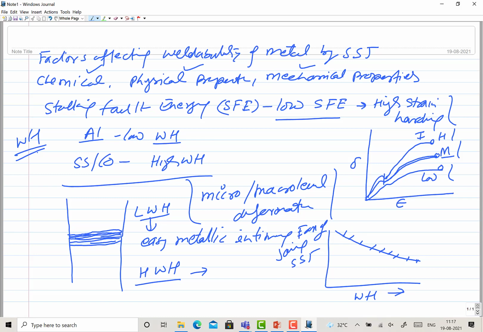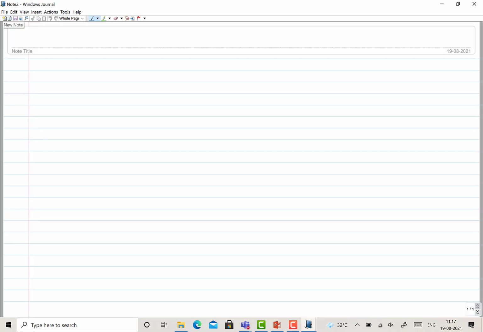It is preferred that the metal has a low work hardening tendency, as those can be joined easily using these processes as compared to their counterparts with high work hardening tendencies.